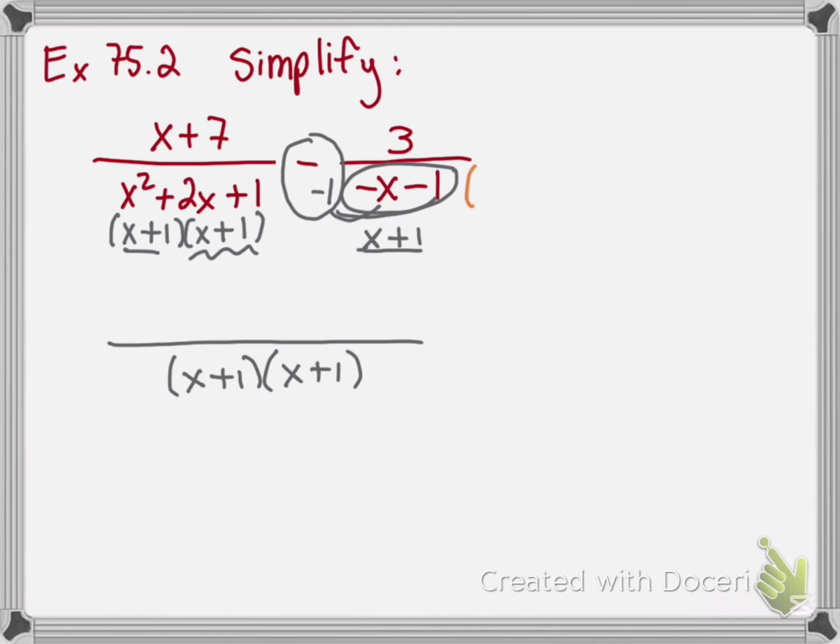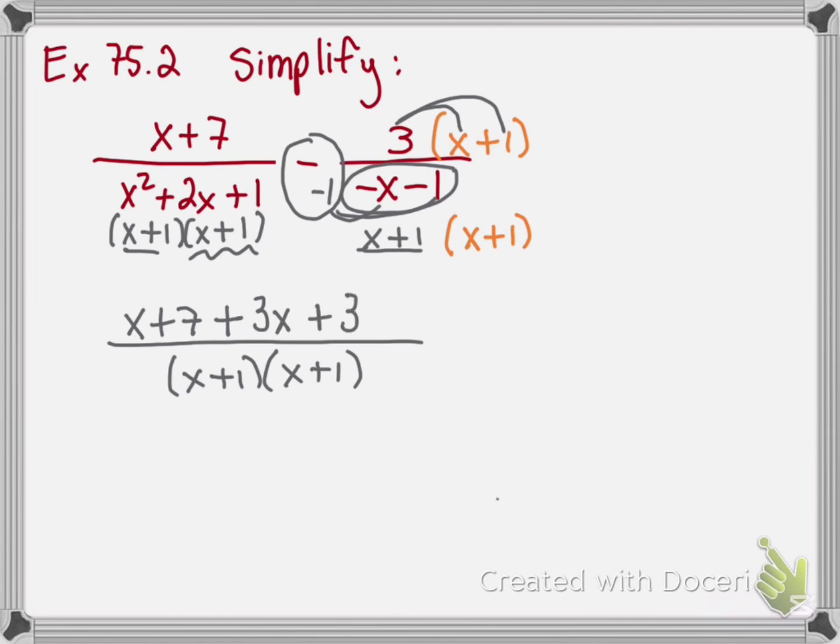Now we want to multiply both the top and the bottom by what is missing. So we're going to multiply by x plus 1. When I do that, I get x plus 7. Then negative times negative is positive 3. And 3 times x is positive 3x. And 3 times 1 is positive 3.